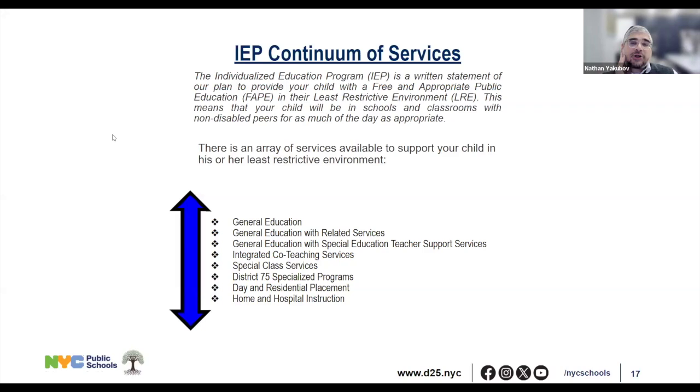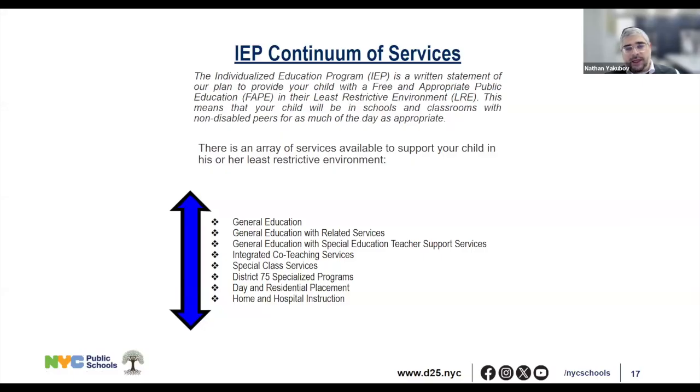So before we get to that actual page of what it would look like, the recommended services page, just a note about the types of services that can be recommended. We have an IEP continuum of services, and the continuum of services is basically what you see on the bottom of the slide, all the different types of settings and supports that can be given to a student in order to receive their IEP services.